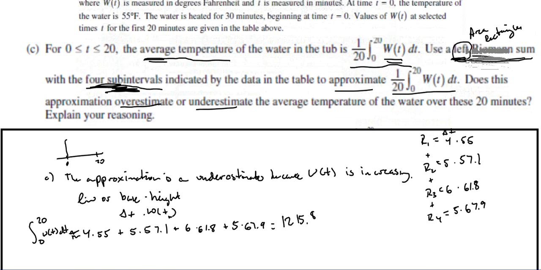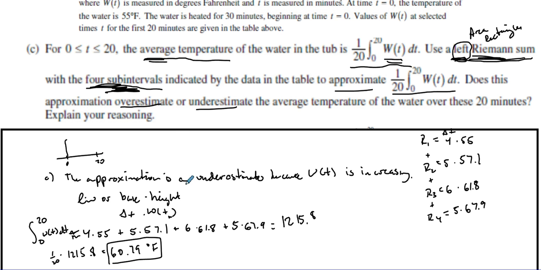But now we have to divide that by 20. And so to find our average, we're going to multiply 1215.8 by 1/20, and that's going to give us our average temperature, 60.79 degrees Fahrenheit. So does this approximate, overestimate, or underestimate?